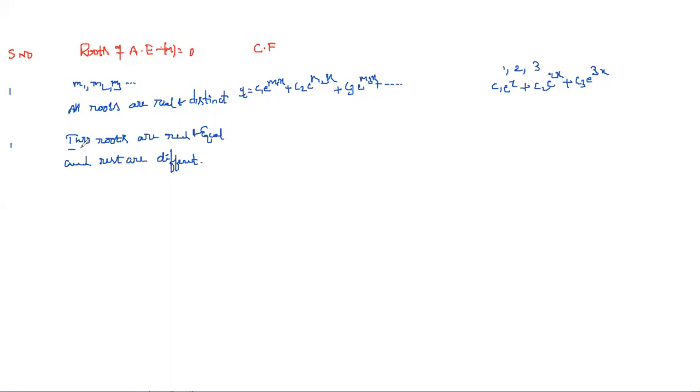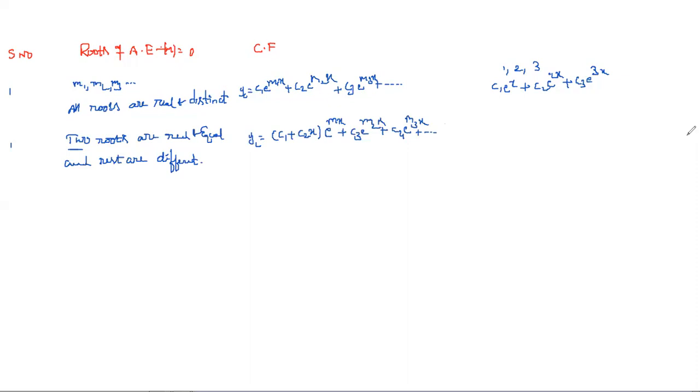Two roots are real and equal, so y = (C1 + C2 x) e^(mx) plus, for the remaining distinct roots, C3 e^(m2 x) plus C4 e^(m3 x) and so on.